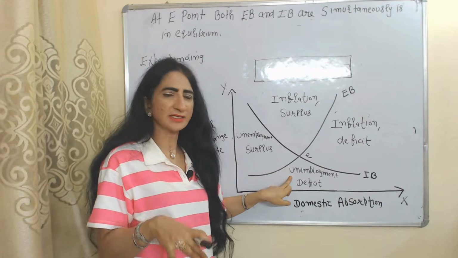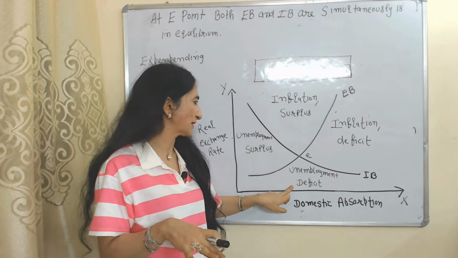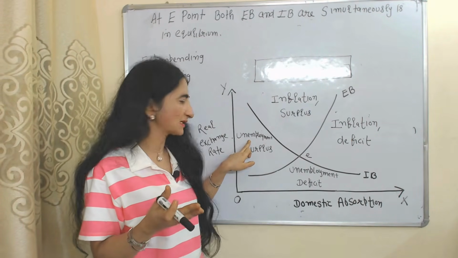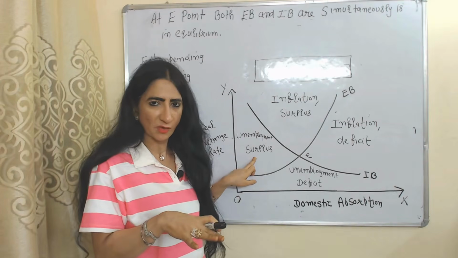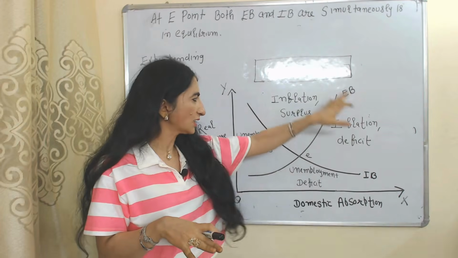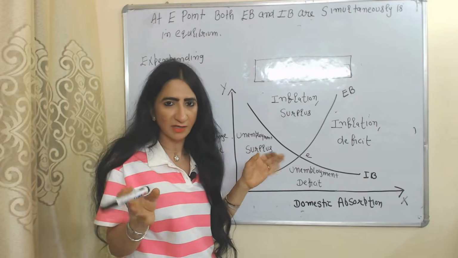Third zone represent unemployment in domestic country with deficit in balance of payment. And this zone represent unemployment in domestic country with surplus balance of payment. Only this point shows equilibrium, all other point shows fluctuation and disequilibrium in economy.